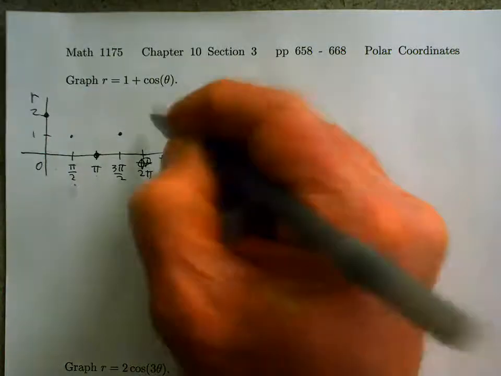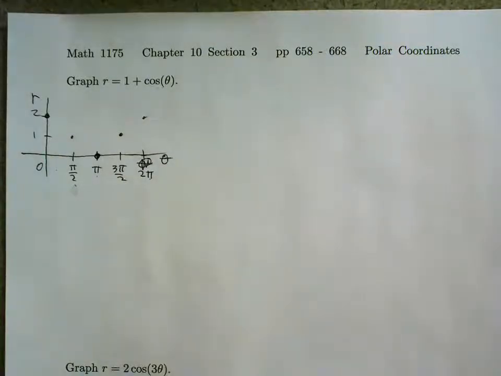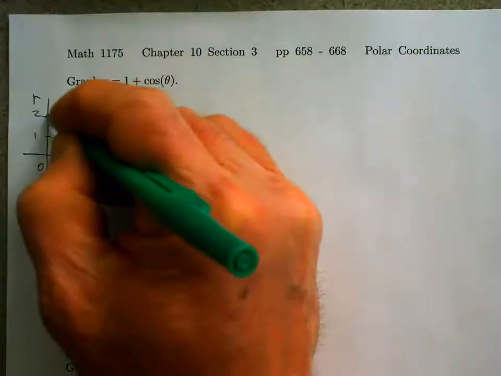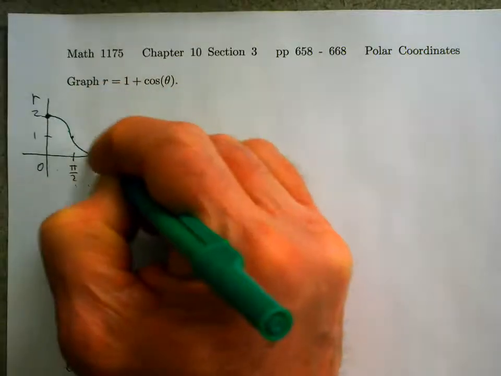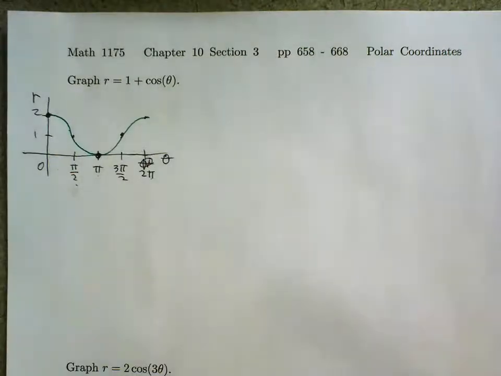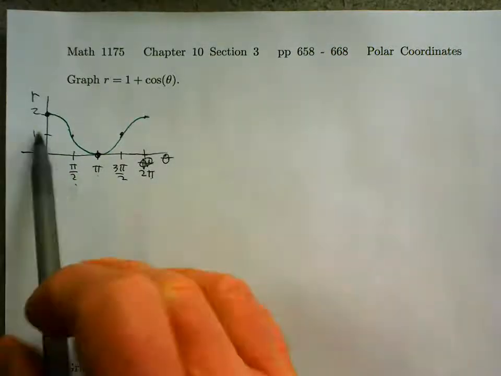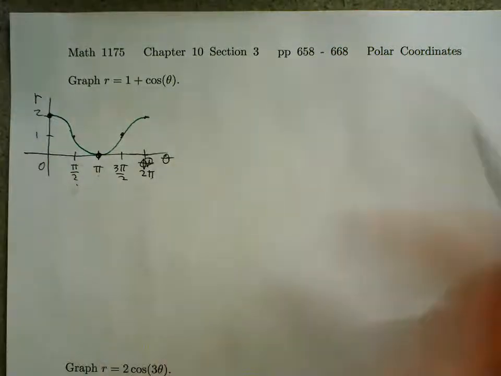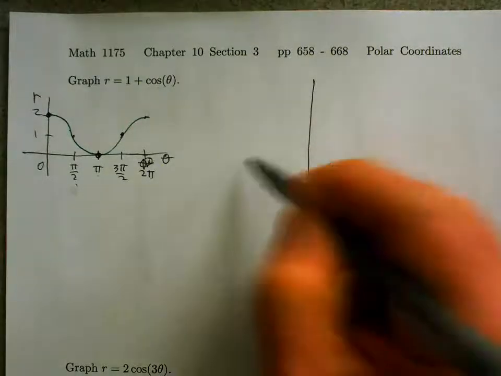The r value is 1 plus 1, or 2. So in Cartesian coordinates, we see the familiar sinusoid. So we'll use the r and theta values to sketch the polar curve.